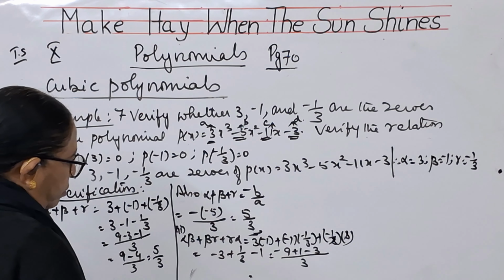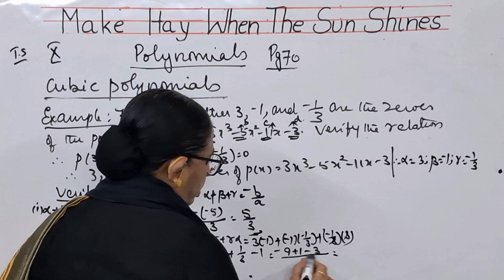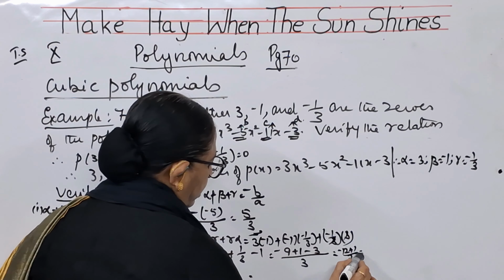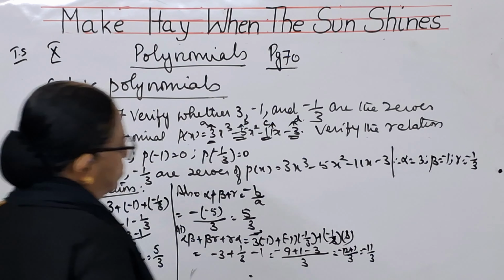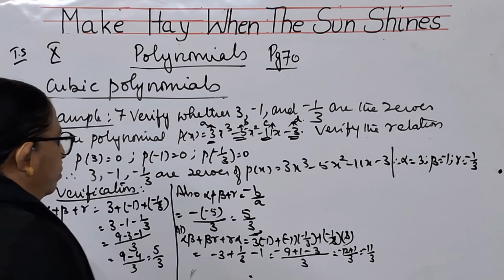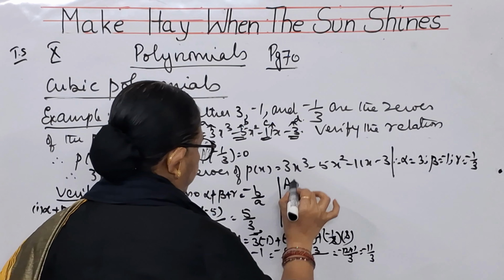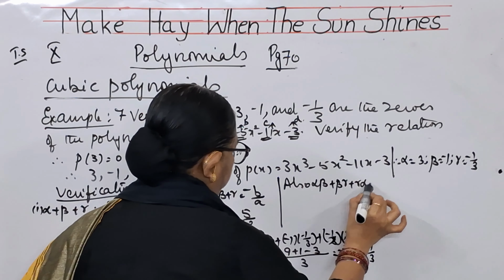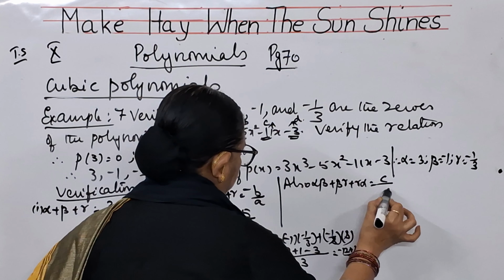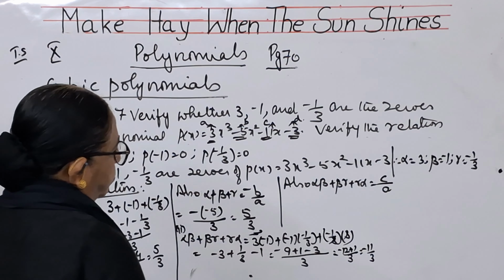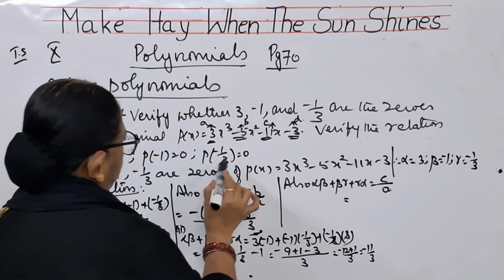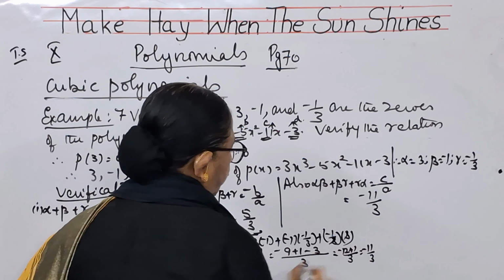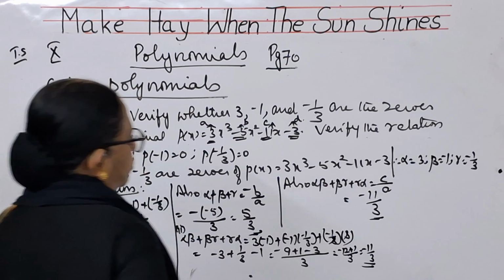Okay. Now, how much are you getting? This is 9 minus 12 plus 1 by 3, that is -11/3. Okay. Now, go for the formula. Also, alpha beta plus beta gamma plus gamma alpha is equal to C by A. So, what is C, children? C is -11 by A is 3. -11/3. See, these two are the same.